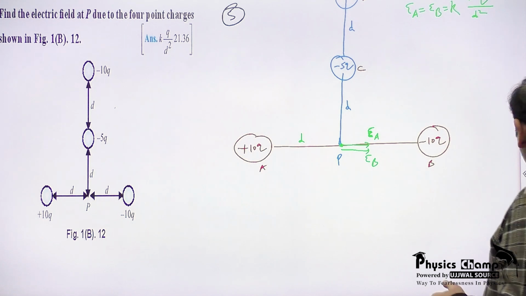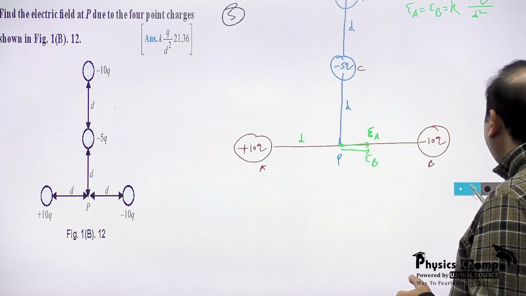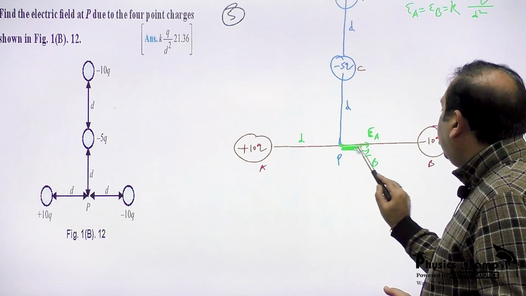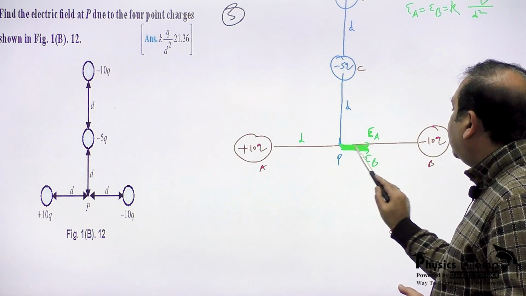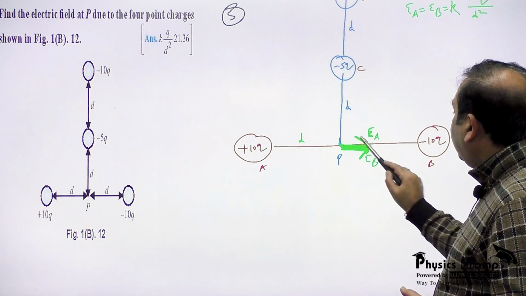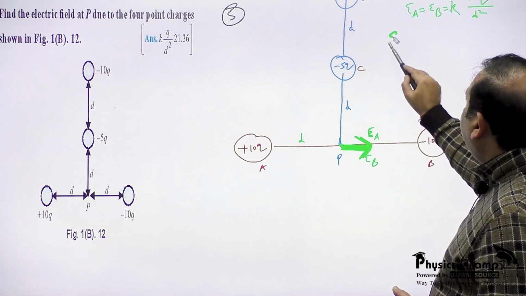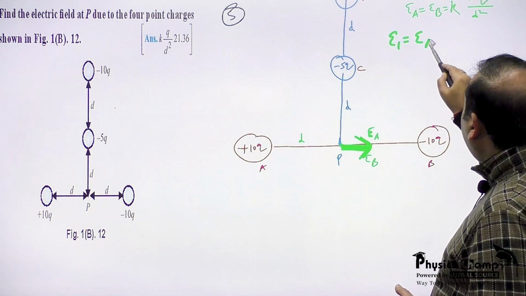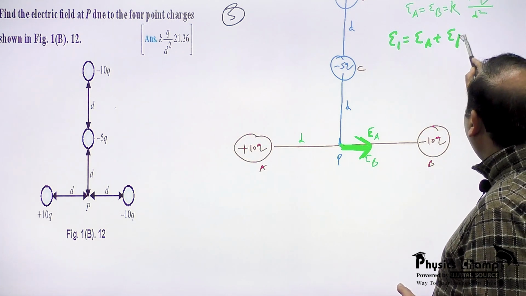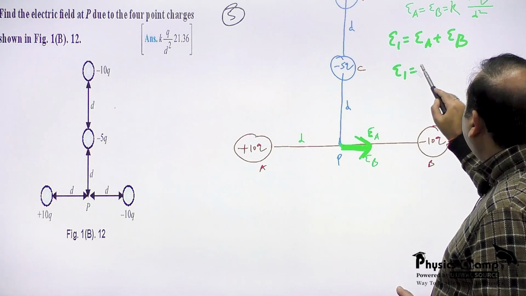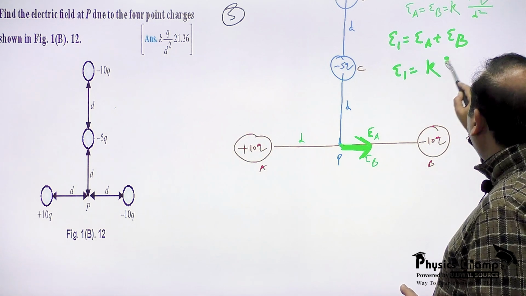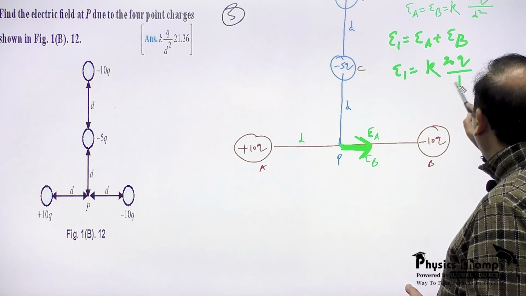And when we say let these two electric fields be added, EA and EB in the same direction, let these two electric fields be added as E1. E1 is EA plus EB. So E1 is K into 20q by D square.